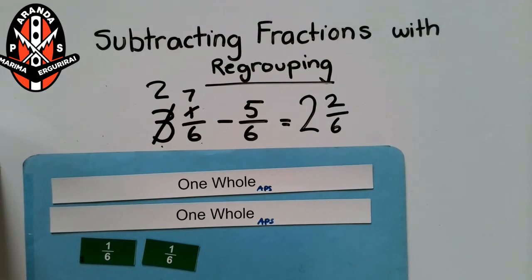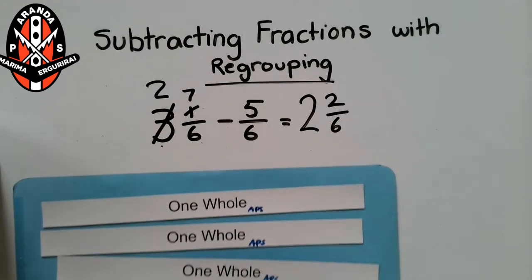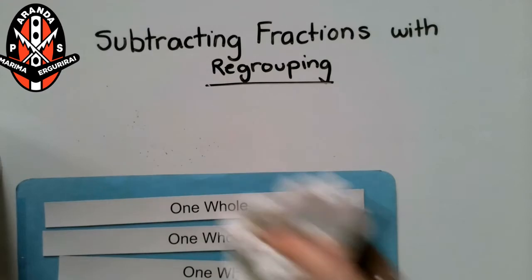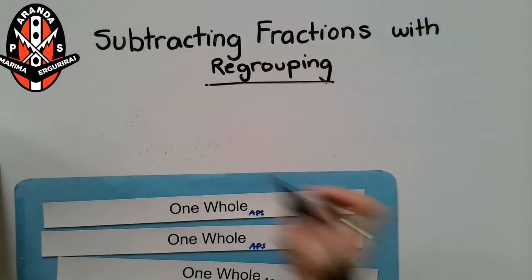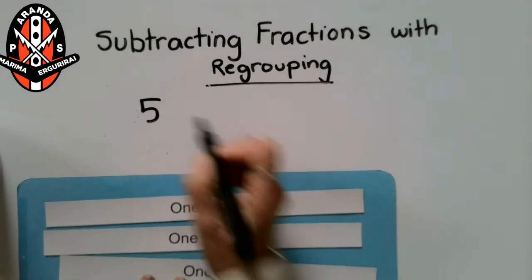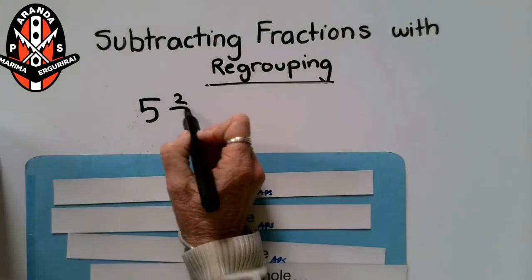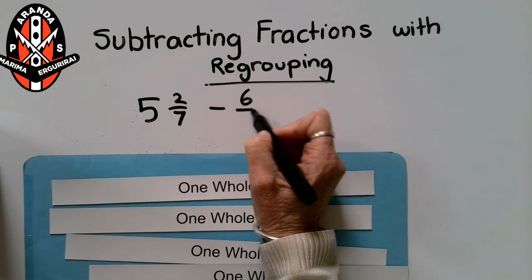So let's have a look at another question to help us with that. Let's get rid of this one. All right, so this time we're going to go with 5 2/7, take away 6/7.